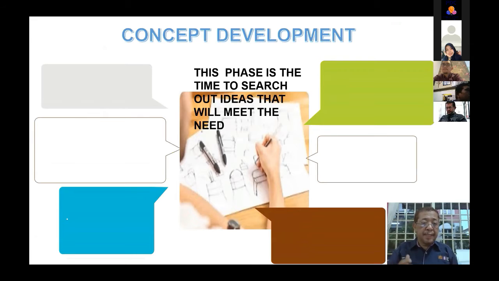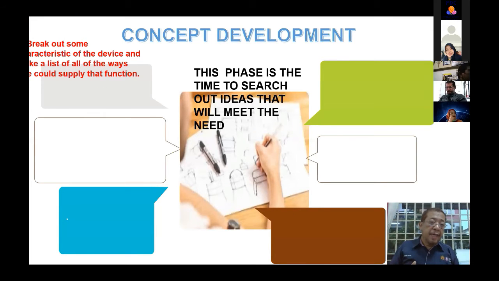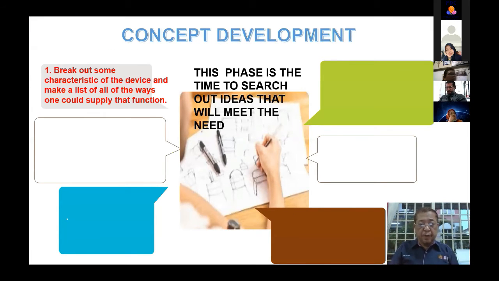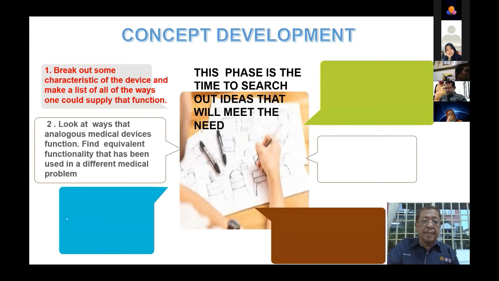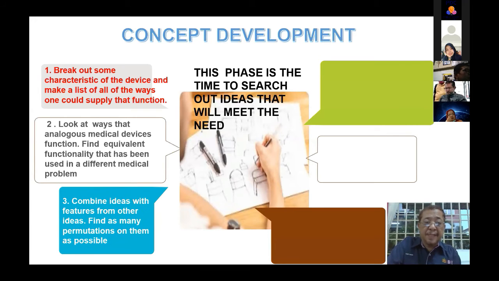There are 6 steps altogether, and the first step is, if you look at one of the characteristics of the product, then break it down and try to make a list of all the functions of that characteristic. Okay. Secondly, refer to other medical devices that have similar function of that characteristic, or have the same similar characteristics.